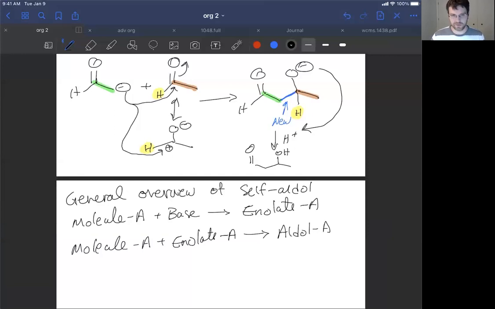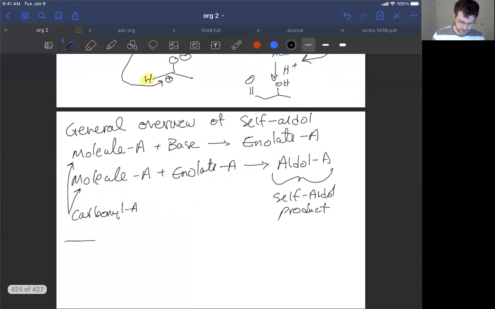And maybe I should have, instead of molecule A, it should have been a carbonyl A. Goodness, come on, off my game. Okay, I should have labeled that carbonyl A. That would have been better. Okay, but anyway, this aldol A is a self-aldol product.